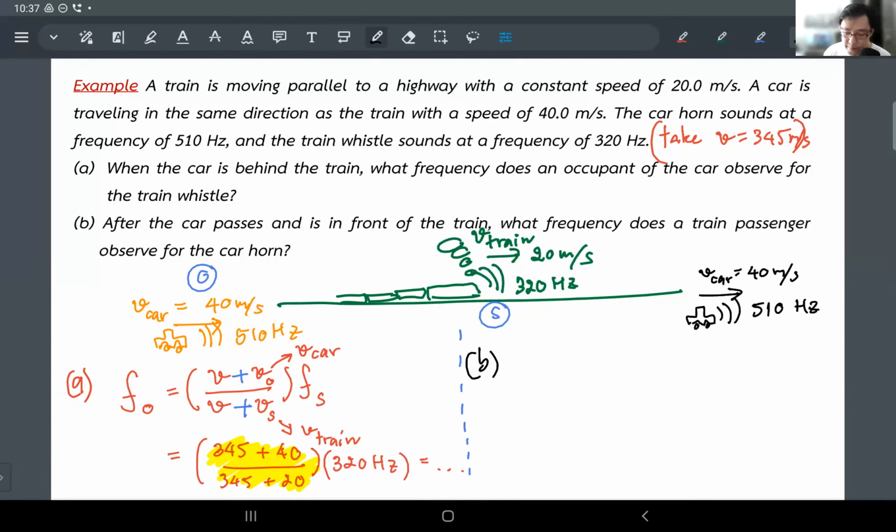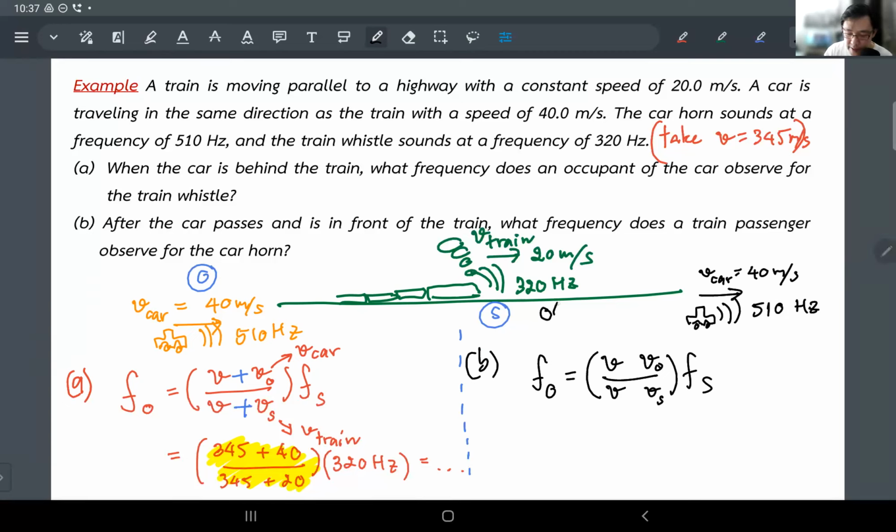Okay, be careful here. So what we want is, once again, the formula looks exactly the same. I just laid out the infrastructure again. There you go. But then, because what they want is the observed frequency by the passenger on the train, that means for part B, the observer now turns to be here.